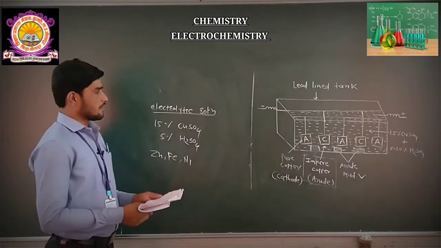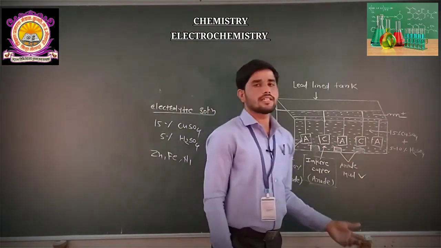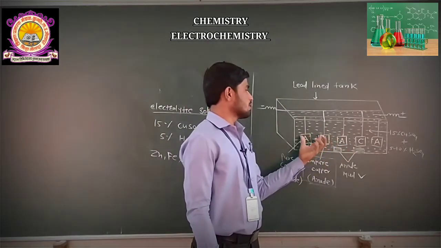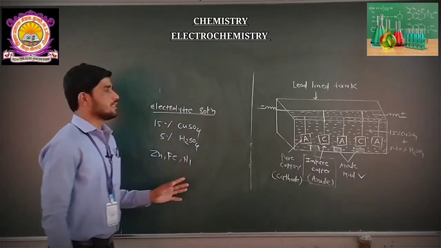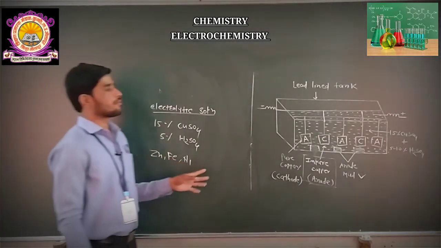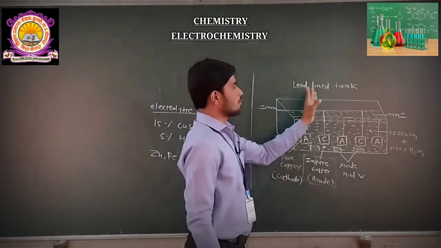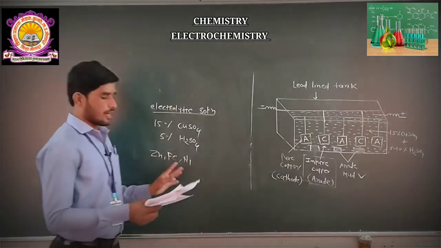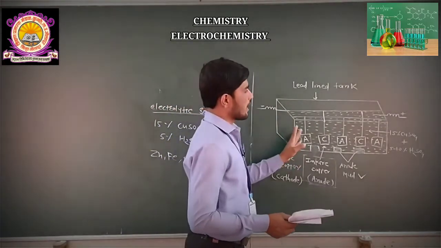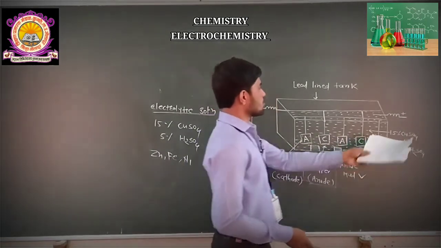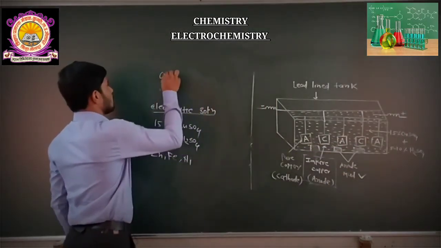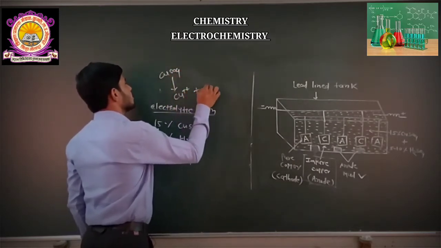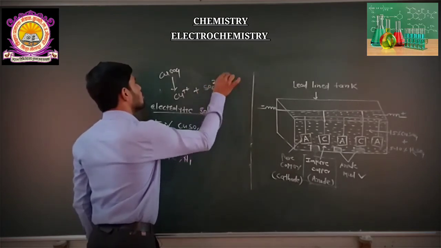Finally, the anode dissociates into ions, and these ions are deposited on the pure copper, so the impure copper plates are refined when we pass electric current. At proper voltage, copper ions get discharged. CuSO4 dissociates into Cu2+ and SO4 2-.